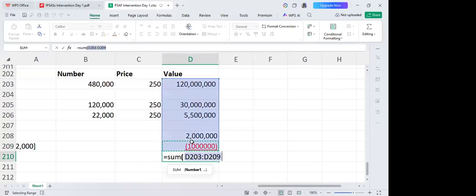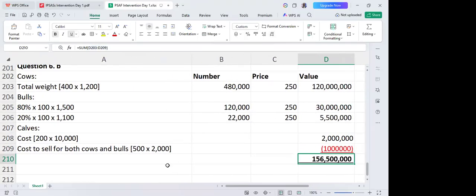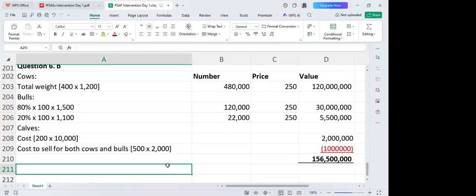Then we sum all of them together, and this becomes the value. So this becomes our answer in that regard. Questions? Is there a question on this?